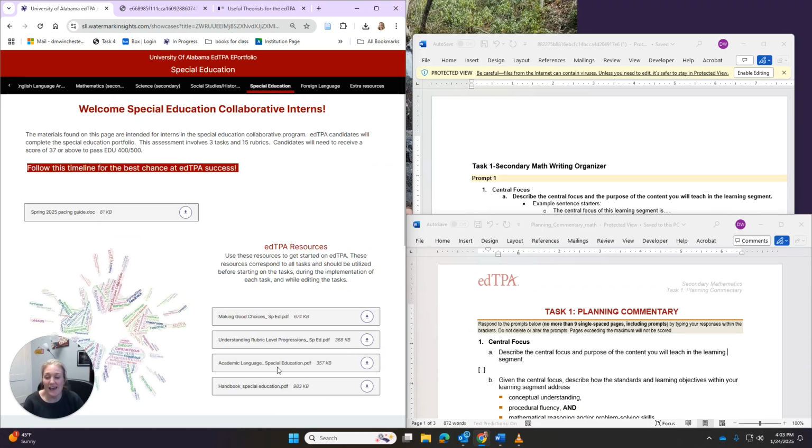And special ed, you do have an academic language document. However, depending on your subject matter that you are teaching, you may also choose to look at the elementary or the mathematics. It might be more helpful.